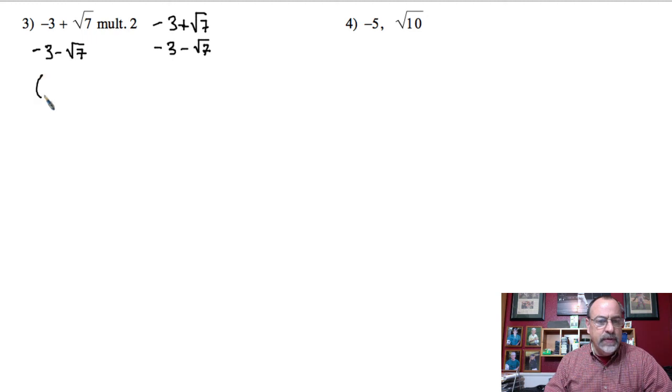So remember now, this gets kind of a little bit crazy. It's x minus, and then it's this whole thing. So minus a negative 3 would be plus 3, and then minus this plus square root of 7 ends up being negative square root of 7. And then x minus, and then again that negative 3 becomes a positive, and then its conjugate is also a zero.